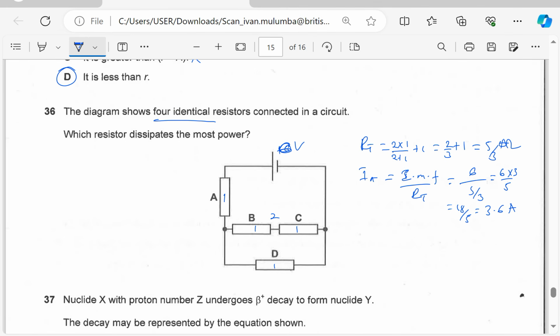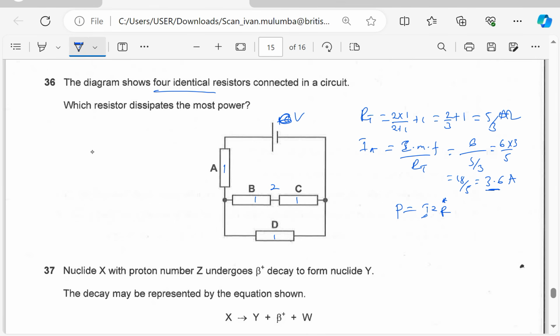So all this can't go through this. Remember, they are identical, and the power is equal to I squared times R. They have the same R, but all the current of 3.6 is going through A. So it means the power in A is going to be the greatest. So I think the answer is automatically going to be A. Why can't it be B, C, or D?